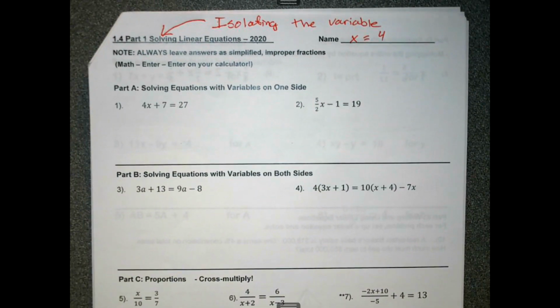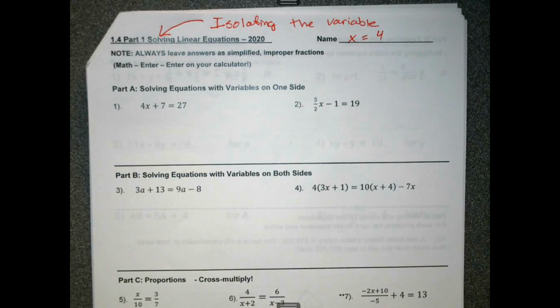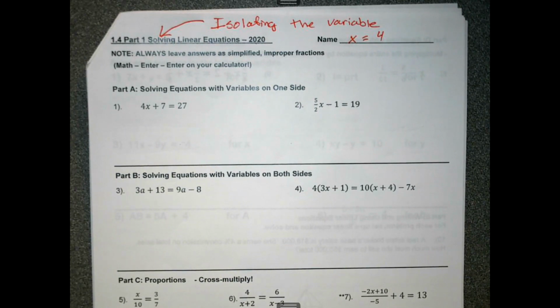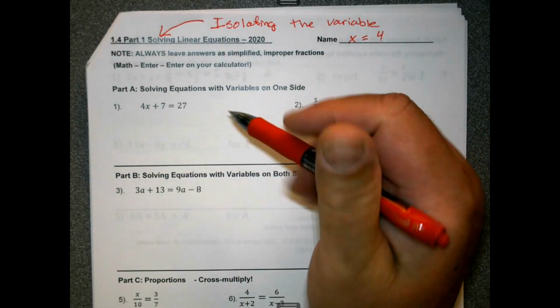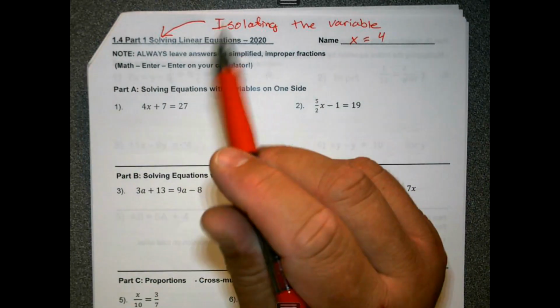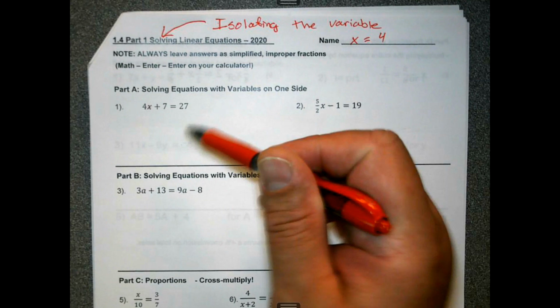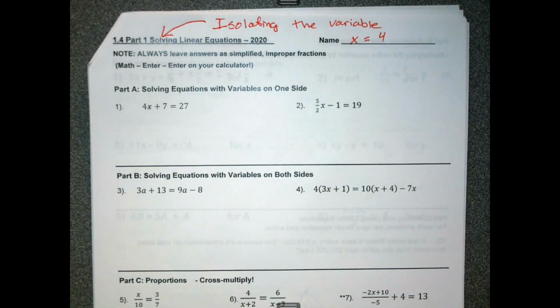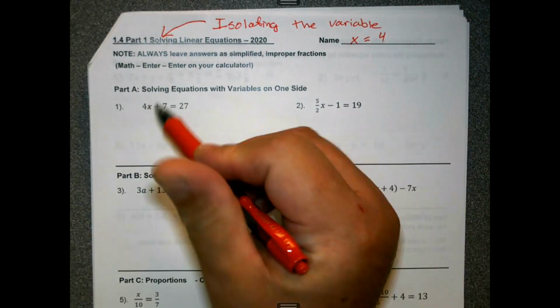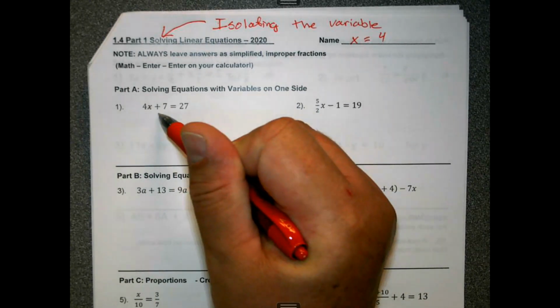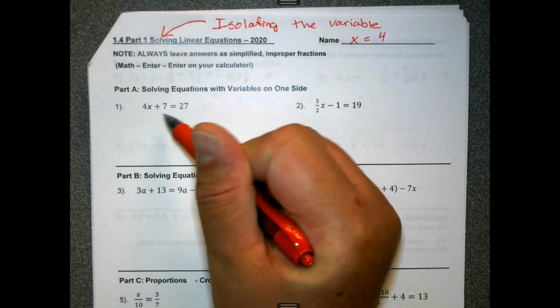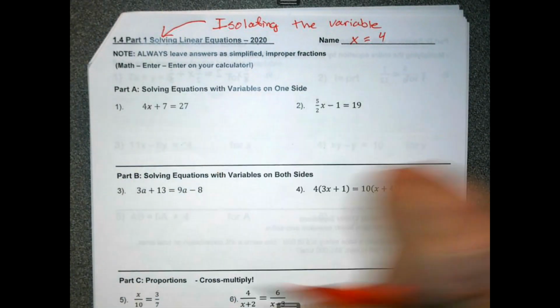So part A, we have 4x plus 7 equals 27. Now, I do have students in Algebra 2, juniors, even seniors, that still get their like terms mixed up here. Like if they want a minus 7, they'll minus 7 out of these two terms instead of one from each side.